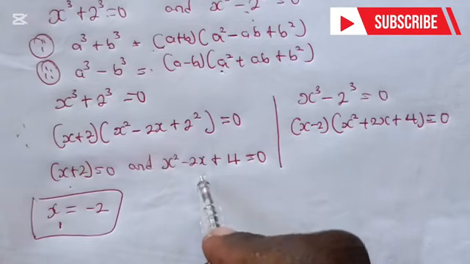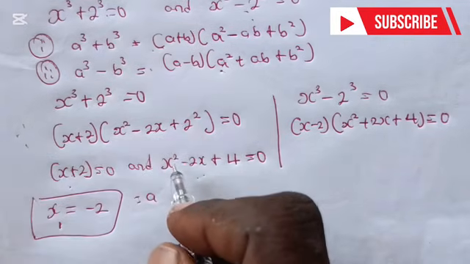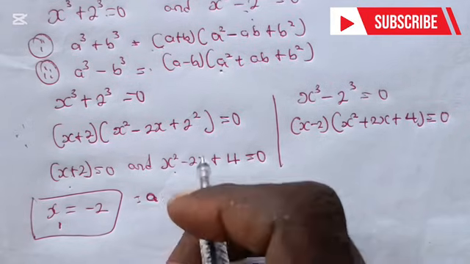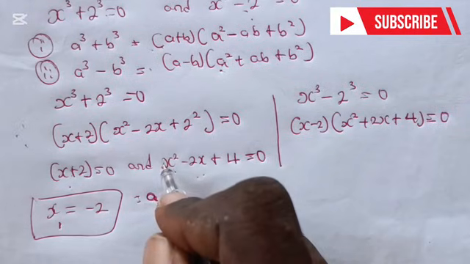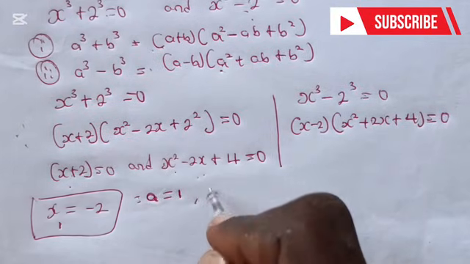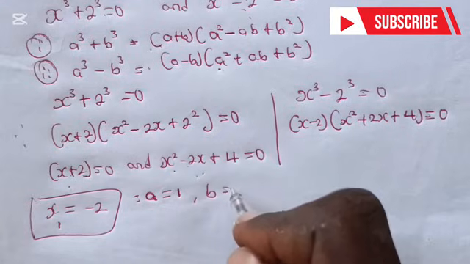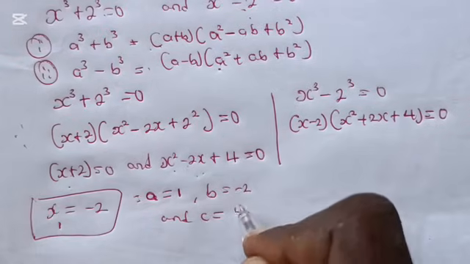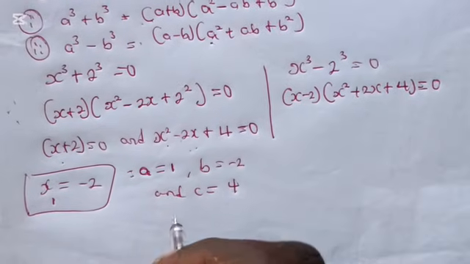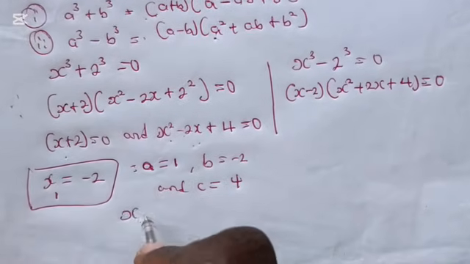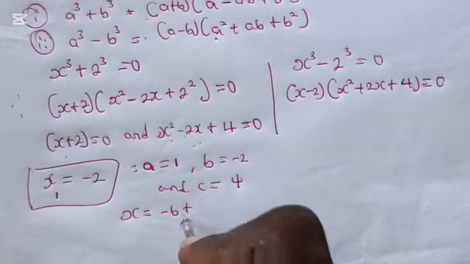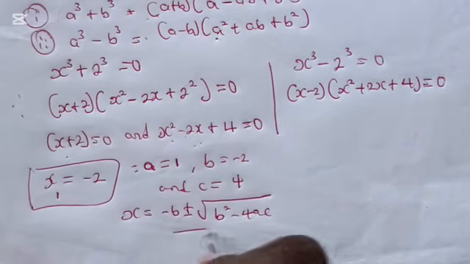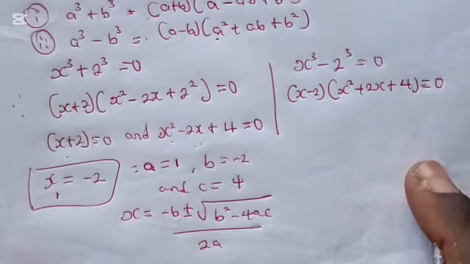And for this second one, we are going to be using the quadratic formula to solve this. Therefore, a is equal to the coefficient here, which is 1. b is equal to the coefficient here, which is minus 2, and c is equal to 4. So, recalling our quadratic formula, we have x is equal to minus b plus or minus root of b squared minus 4ac, all divided by 2a.